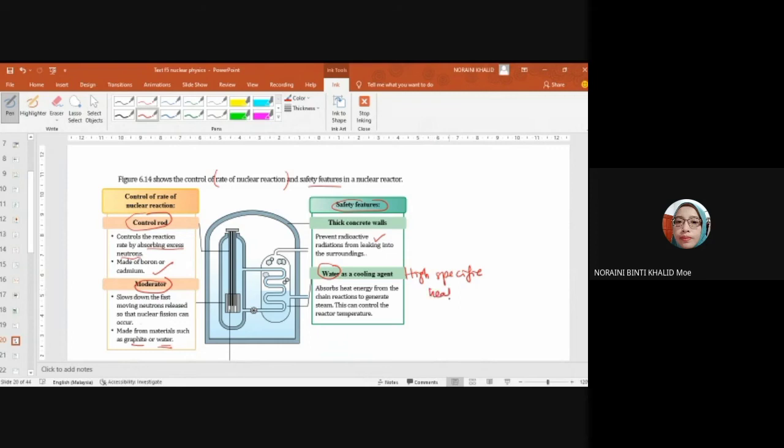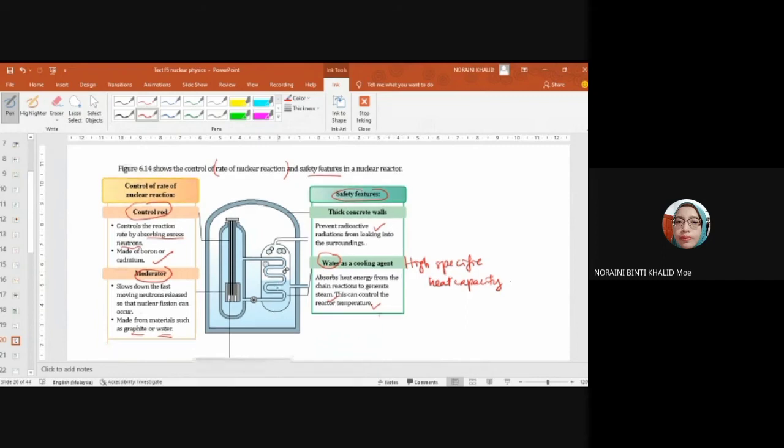It's able to absorb a large amount of heat energy from the chain reaction to generate steam. This can control the reactor temperature. So there must be safety features like this to prevent the nuclear reactor from exploding.